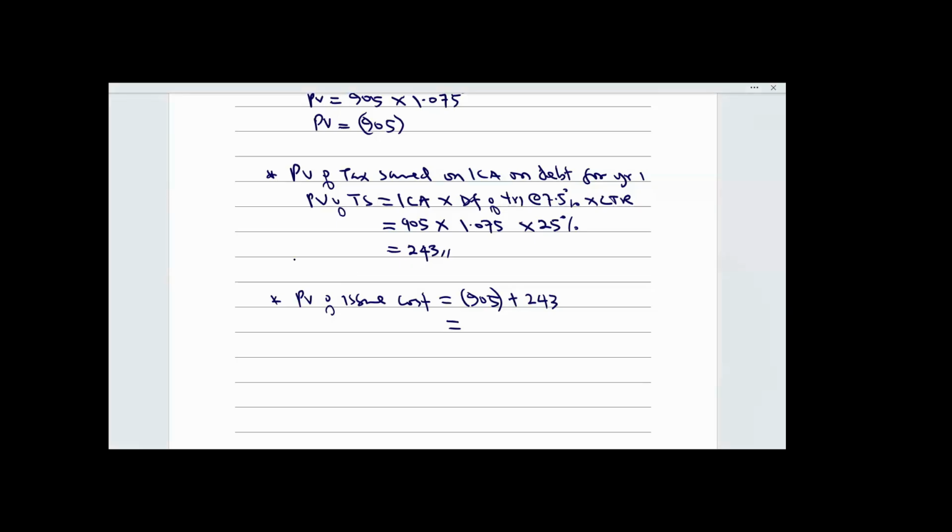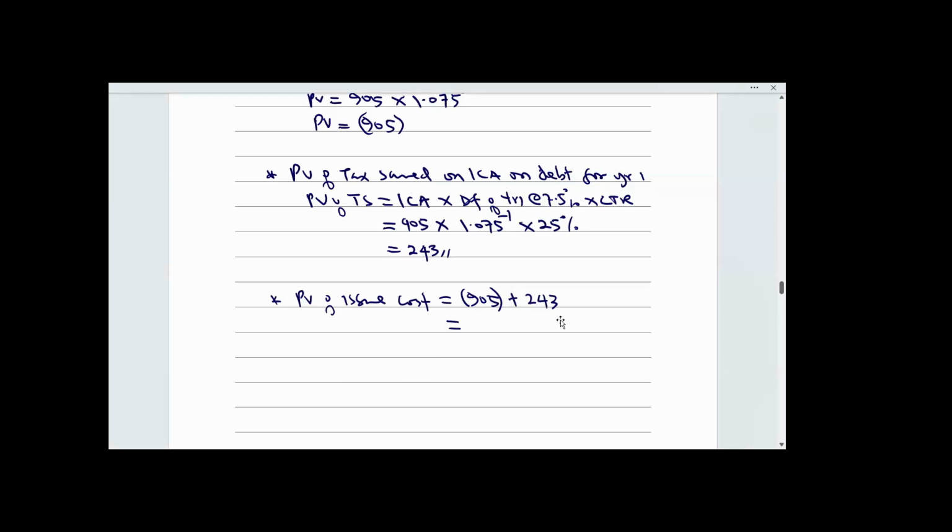You are correct. Thank you very much. Because that number is strange to me now. So in this case, 1.075 raised to power minus 1, equal, then multiplied by 0.25, equal, multiplied by 905, equal.